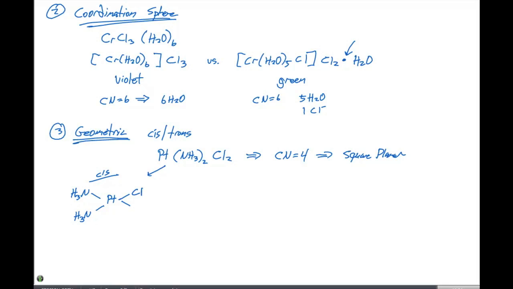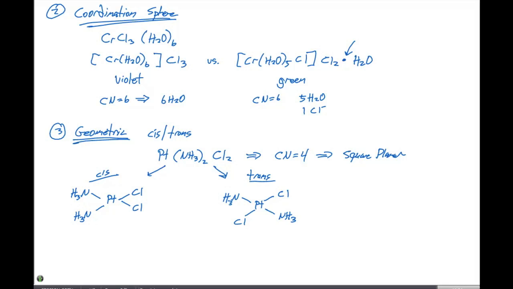And the chlorides are also going to occupy adjacent vertices. So this is our cis isomer. The trans isomer is going to be platinum in the center, and the NH3s are going to occupy opposite vertices. Same thing with the chlorides.